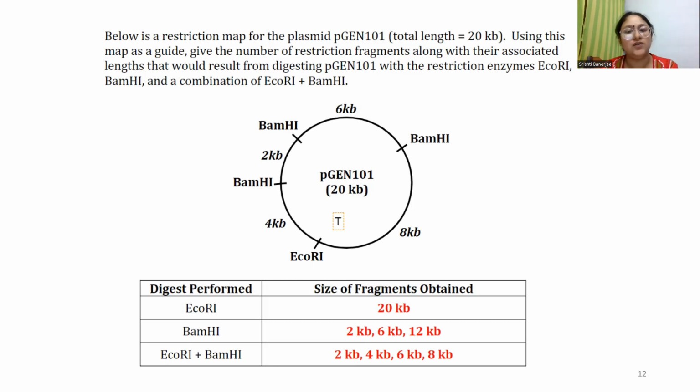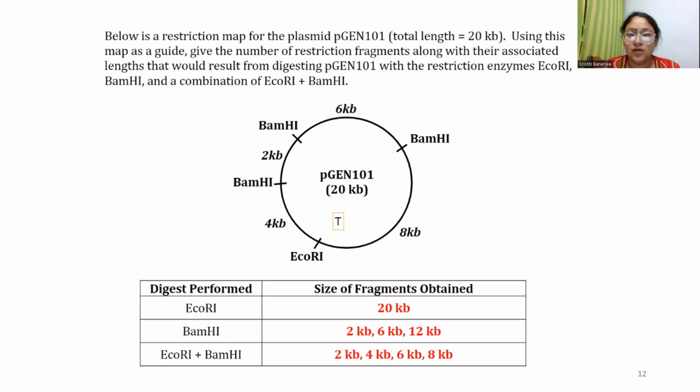Now, if we leave the 20 kb aside, if BAMH1 is cutting at 3 different places, what are the 3 different fragments that can form? Forget EcoR1. If EcoR1 did not exist here, BAMH1 would give a 2 kb, a 6 kb, and this entire fragment, which is 4 plus 8, a 12 kb fragment.